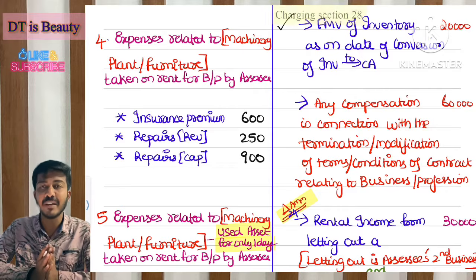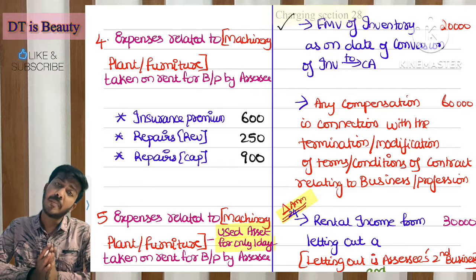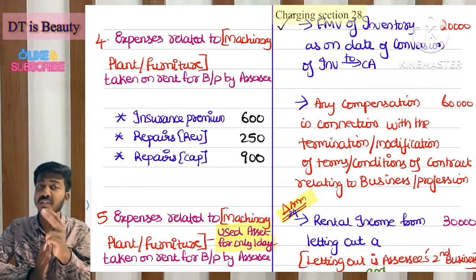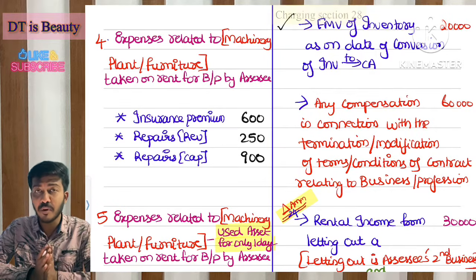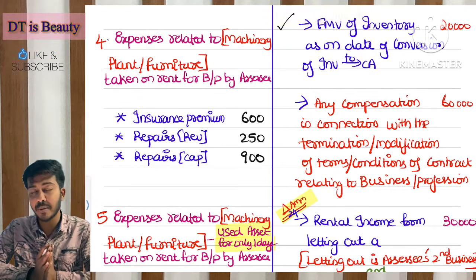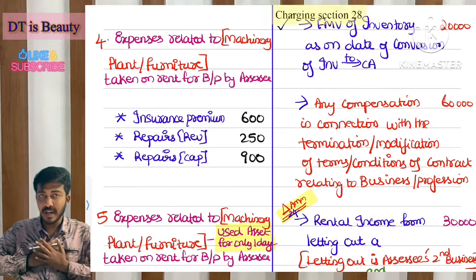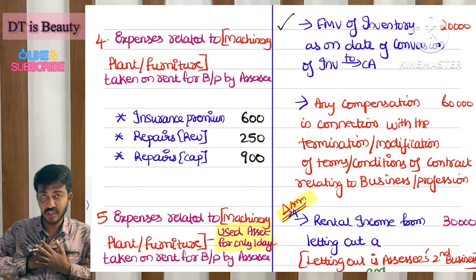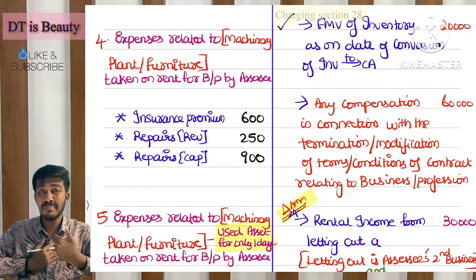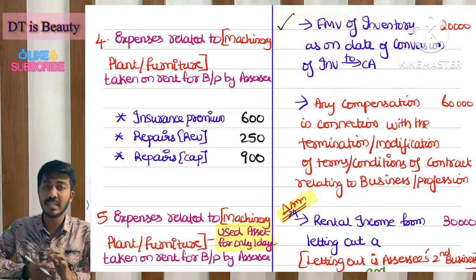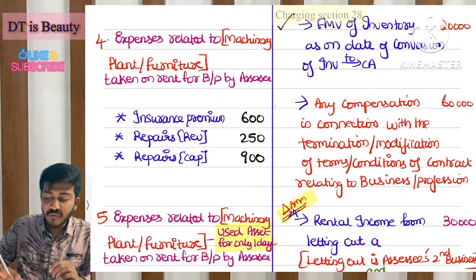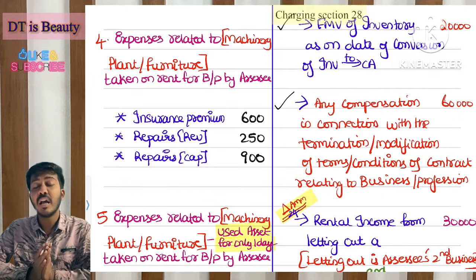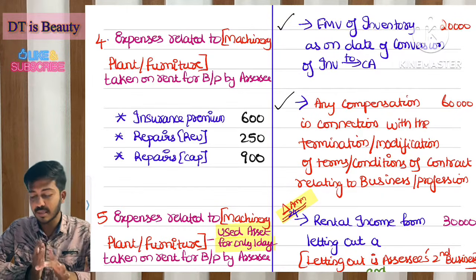So I will have to pay a compensation, and for the person who receives the compensation, it is out of his business or profession, therefore he has to credit it to the P&L. Now I am that recipient, my terms and conditions are changed. So if anyone is paying me money for changing the terms and conditions, it is my income, right? Therefore I will have to credit it to the P&L. The charging section of PGBP says this.